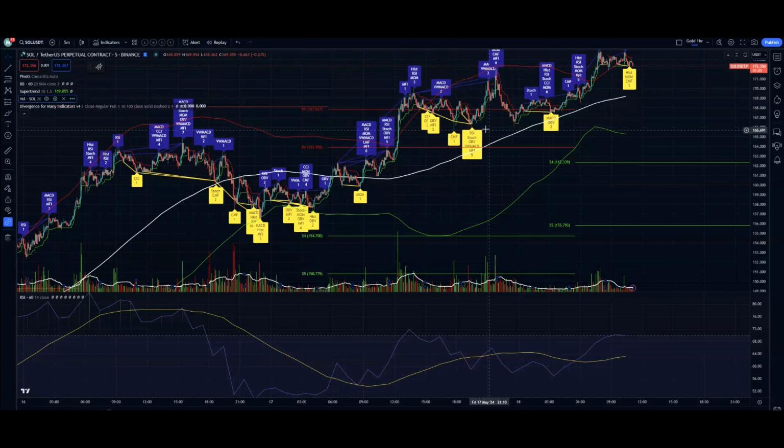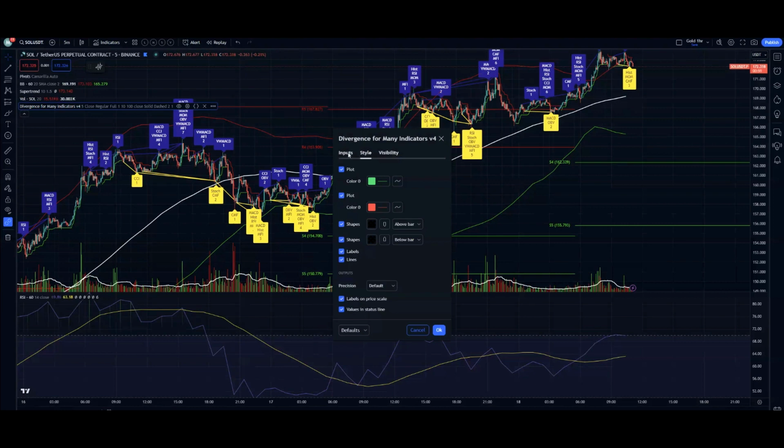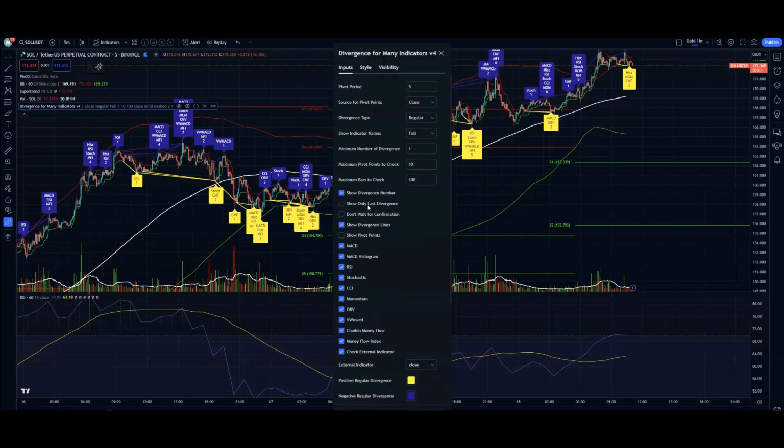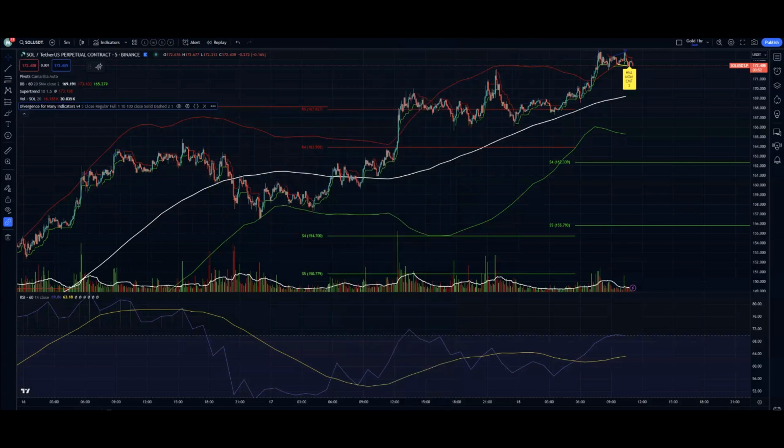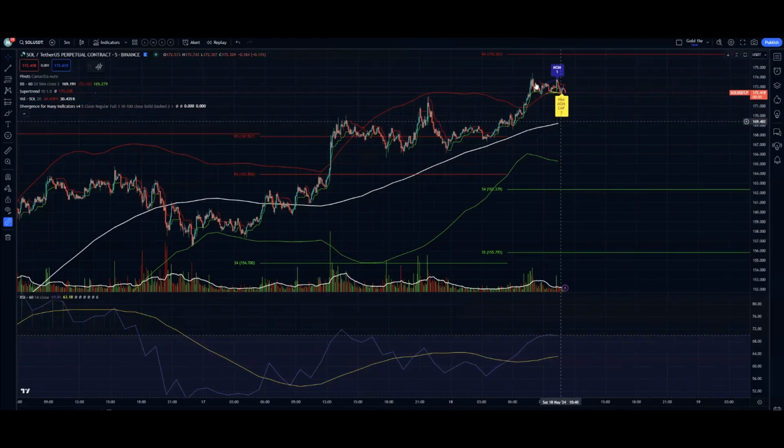So normally we would not use it like this. This clusters the chart a lot. You would normally use only the last divergences. So show only last divergences and trade according to that. This will only print the last one and make the chart a lot cleaner, which can be helpful.